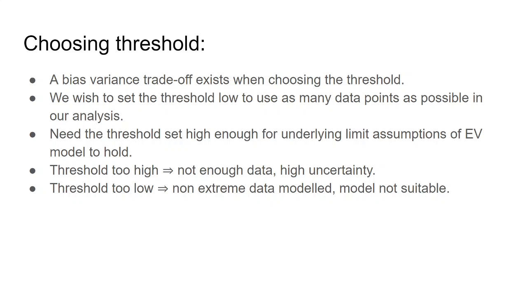If we set a lower value of threshold, we'll have a lot of data to model, but the model may not fit on those low values, because we have developed our models for modeling extreme values. Concluding that, if the threshold is too low, we may not have extreme data to model, so the model will not be suitable. And if we set the threshold too high, we may not have enough data to work with, and there will be high uncertainty involved.